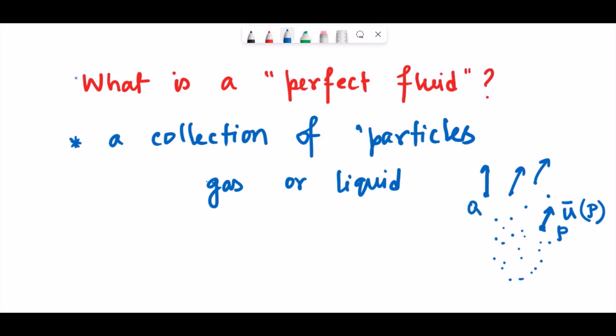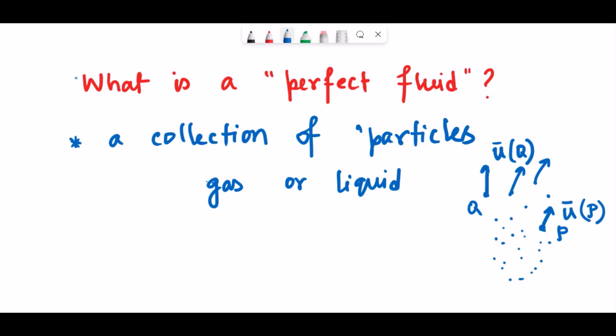If this is at point Q, this would be u at Q, and this can be totally different from u of P here. So at each point assigned to each particle, there is an associated four-velocity that can vary from point to point. So that is our first criterion.